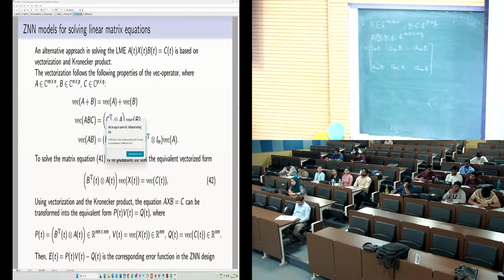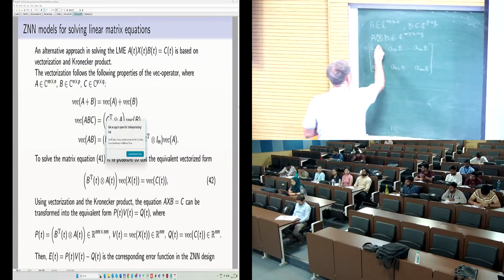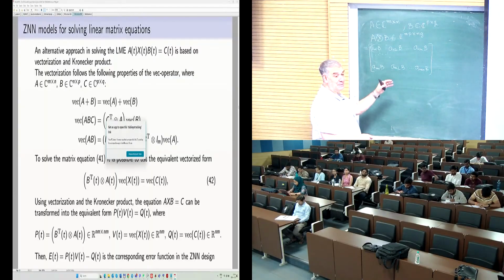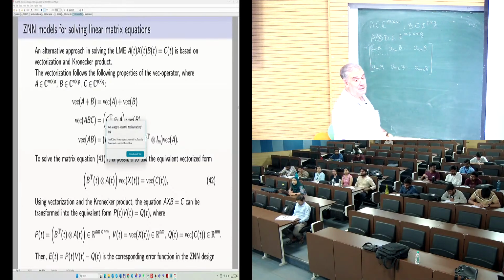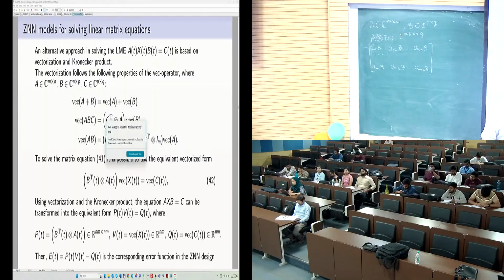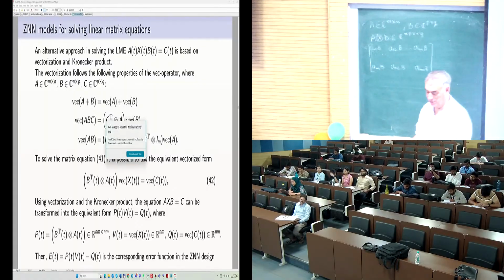If this element is a p times q matrix, in general we have mn blocks of dimension p times q, and the overall dimension is as we spoke.